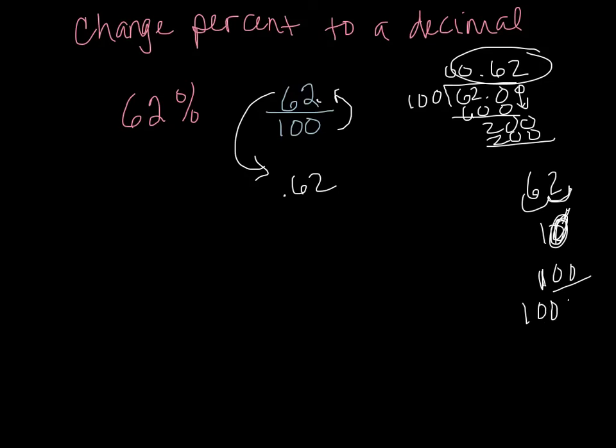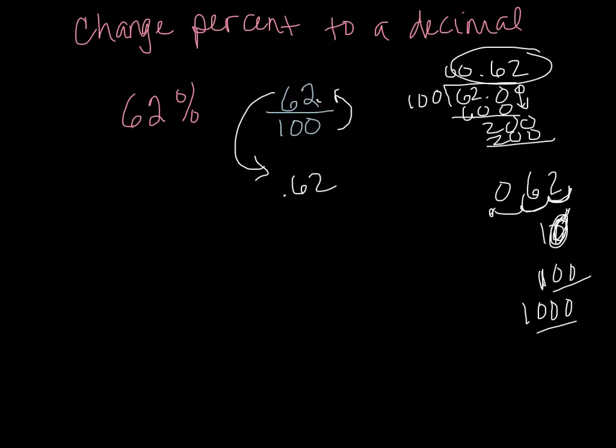If you divide by 1,000, the decimal moves over 3 spots because there's 3 zeros there. Well, percent is always, always, always going to be 100. That's what percent means. It means out of 100. So you're always just moving that decimal 2 spots and 2 spots only to the left. You don't even have to do the division.